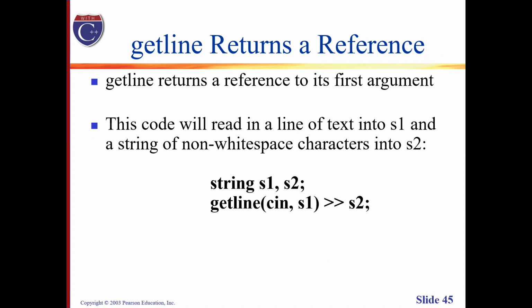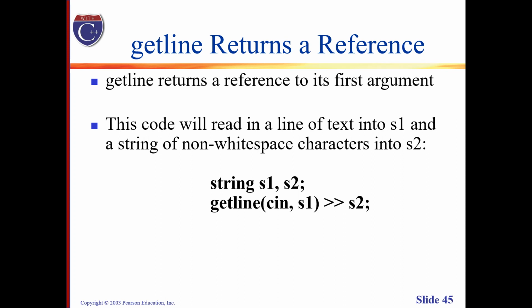Also, we must take note that getline returns a reference. If we recall, we have different types of parameters passed to a function. Please recall that we have call by value and call by reference. In this case, getline returns a reference.